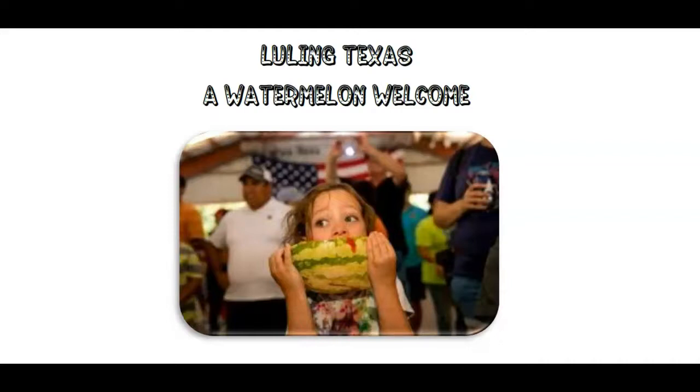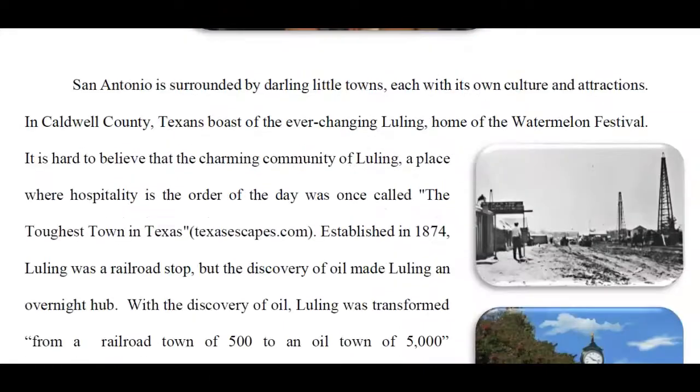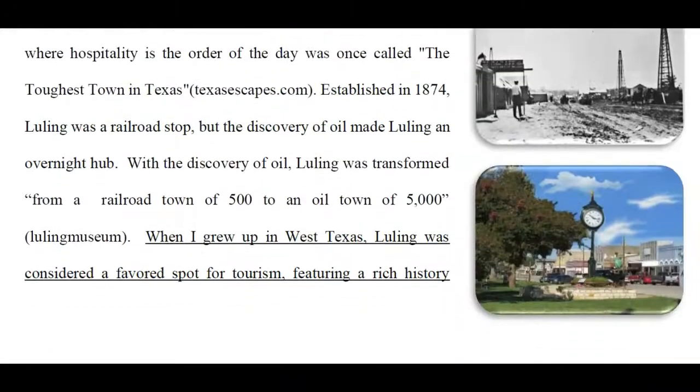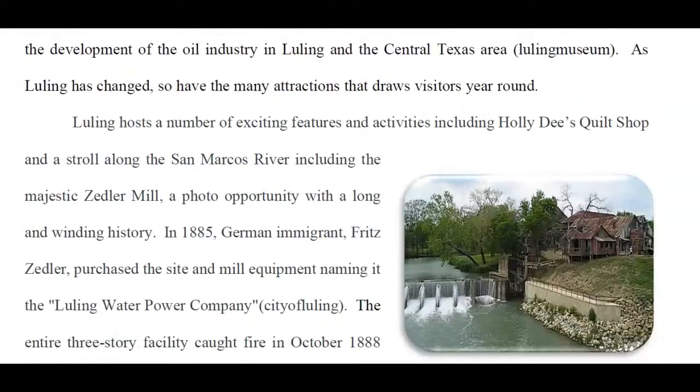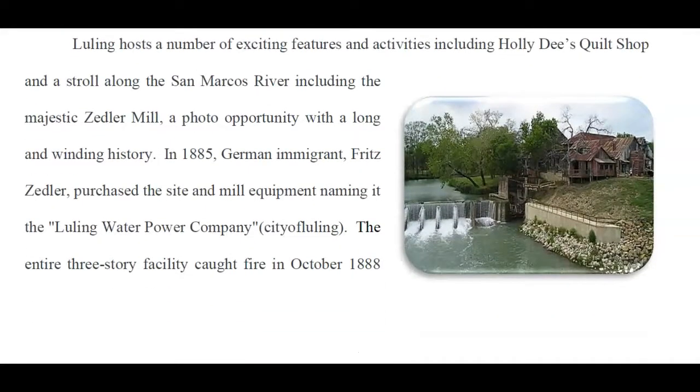Let's take a look at the contents of this essay. First is the introduction. Next is a brief history of Luling and where it fits into the Texas landscape. The next paragraph includes the features of Luling, Texas, the mill and the watermelon thump and so forth.